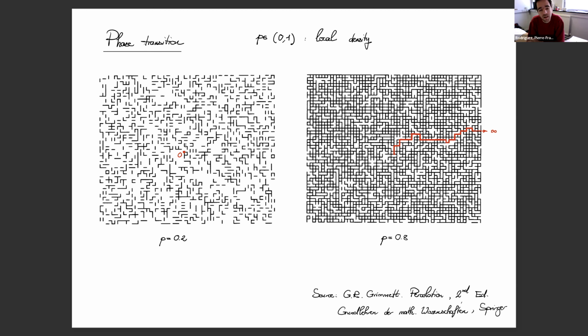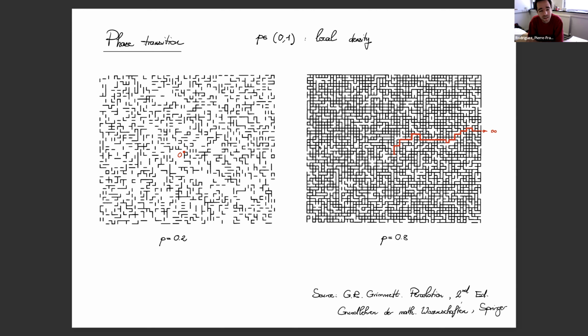You decide independently with probability p to retain the edge, and then you draw it black, and otherwise you just erase it. If p is small, most stuff gets erased, and you get a picture as you see here on the left. If p is rather close to 1, then you see this picture on the right. It's immediately clear from the naked eye that these two pictures are somehow very different.